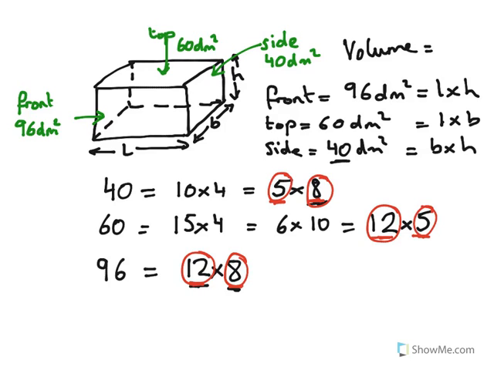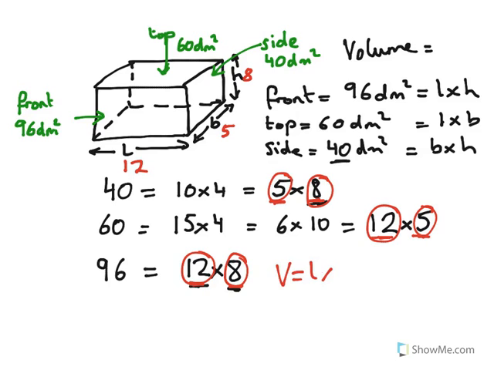And that's what I would need to have in my equation. So my dimensions must be length 12. The aquarium looks a little bit shallower than it is high, so I'd say my breadth would be 5, and my height would be 8. So now I can quite easily work out my volume.